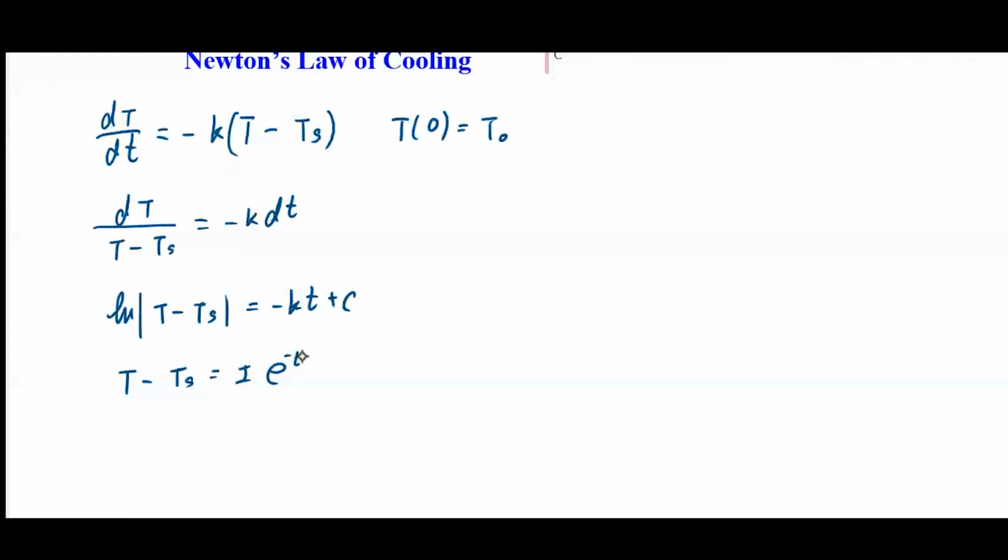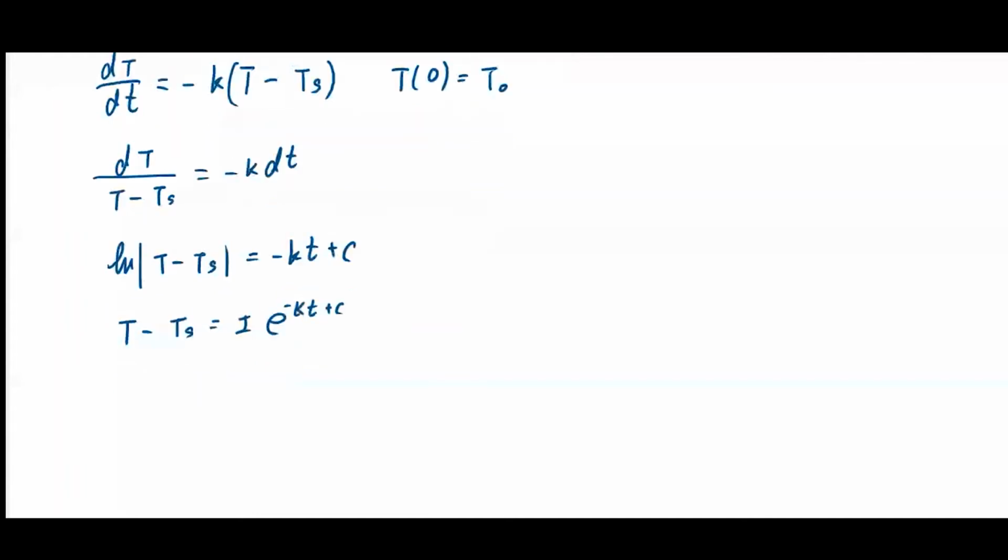Now we replace this thingy with A, so we have T minus T surrounding is A e to the negative kt, where my A is equal to plus or minus e to the C. So far so good. So it's almost same thing other than you have to carry this extra term.